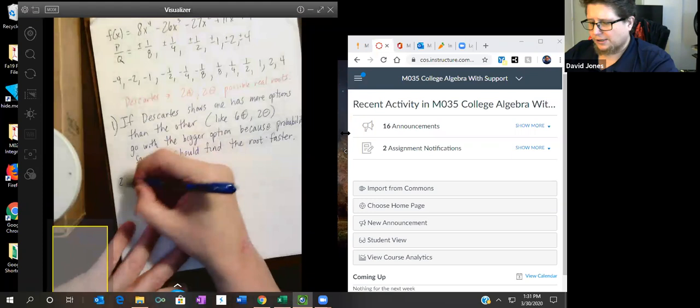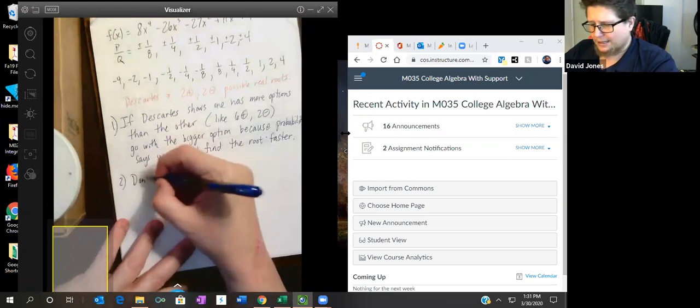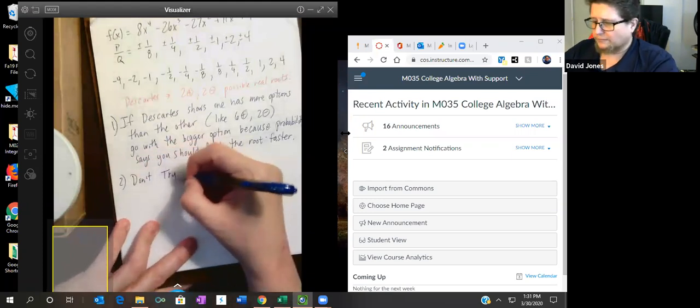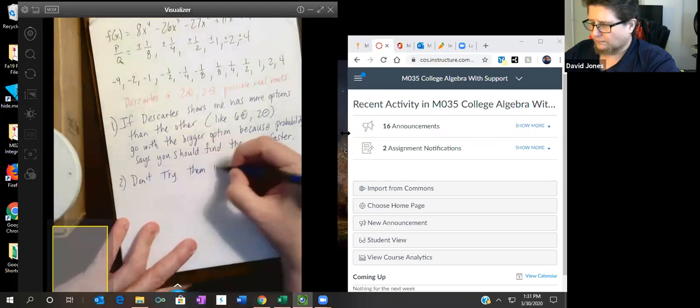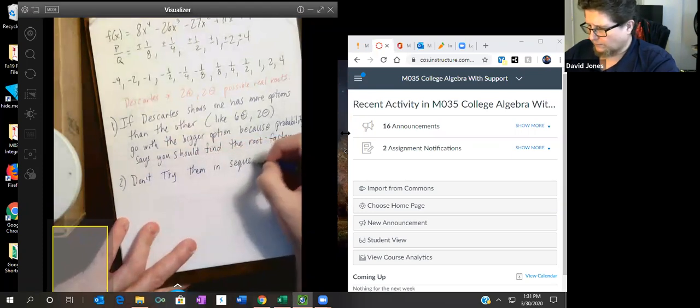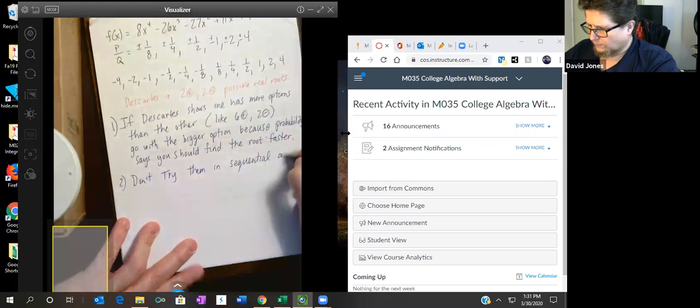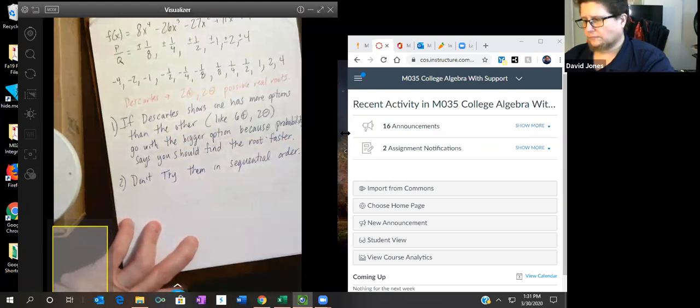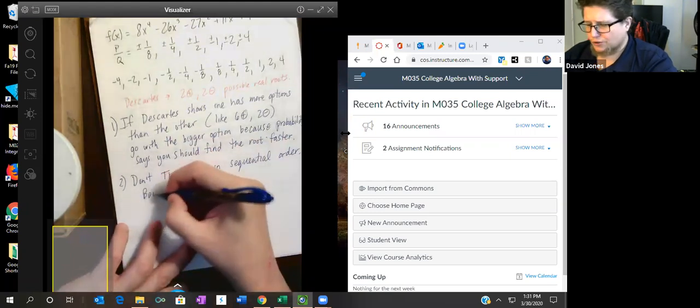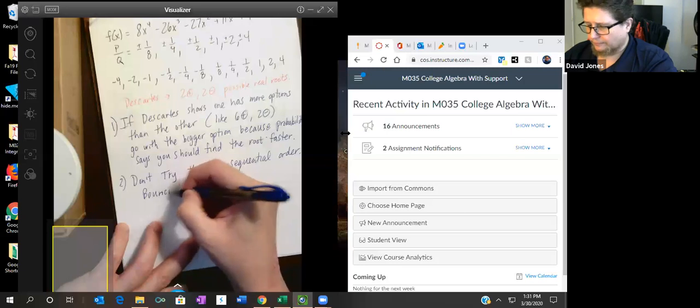Number 2, don't try them in sequential order. Bouncing around allows you to use the intermediate value theorem.